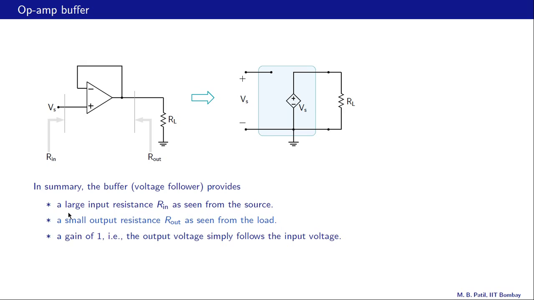To summarize, it provides a large input resistance as seen from the source, a small output resistance Rout as seen from the load, and a gain of 1, that is the output voltage simply follows the input voltage.